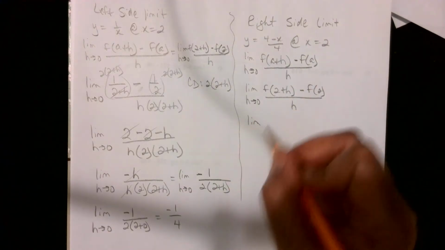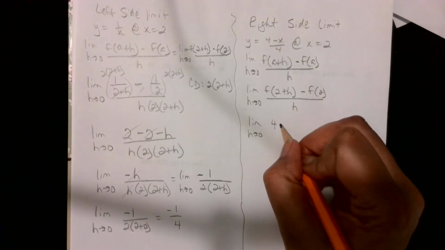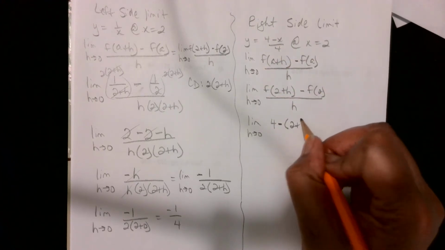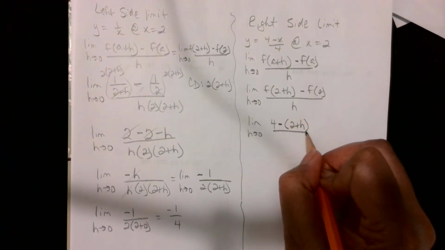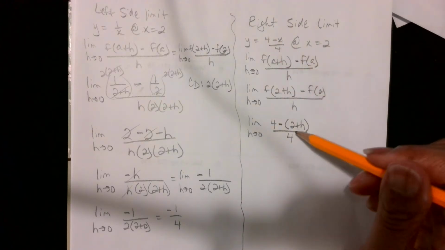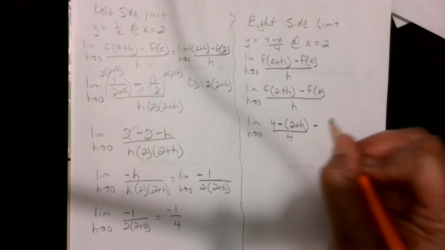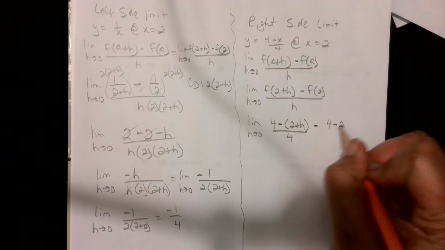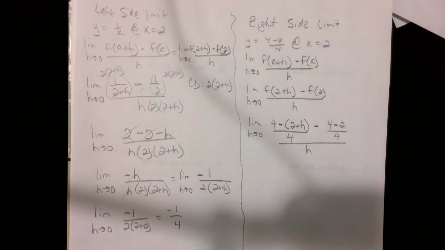So this would be the limit as h approaches 0 of 4 minus, now plug in this 2 plus h, over 4, because you have to finish off the function. Minus, plug in 2. So this would be 4 minus 2 over 4. And all of this will be over h.